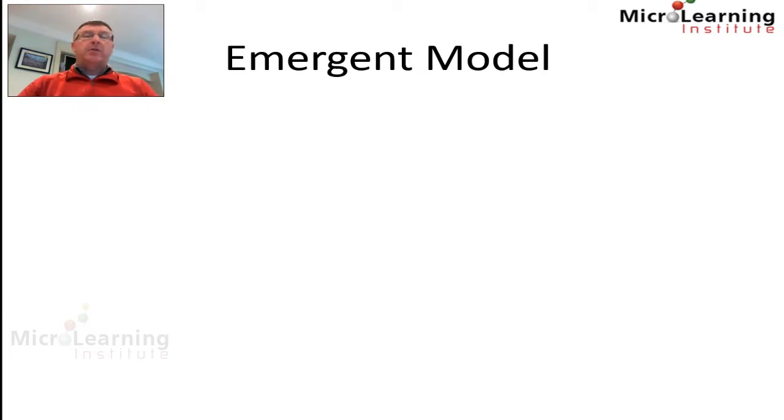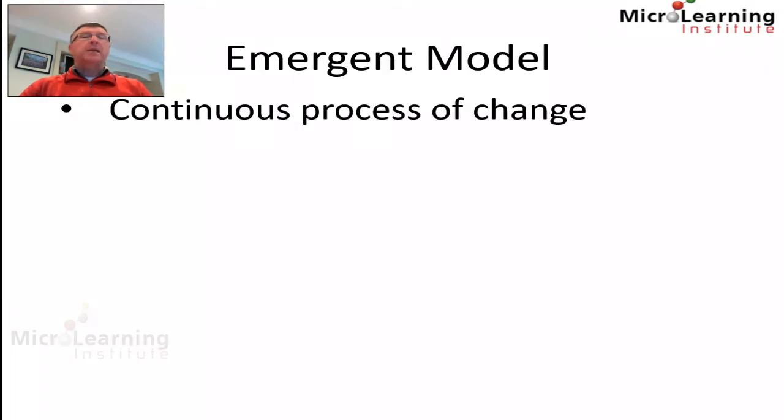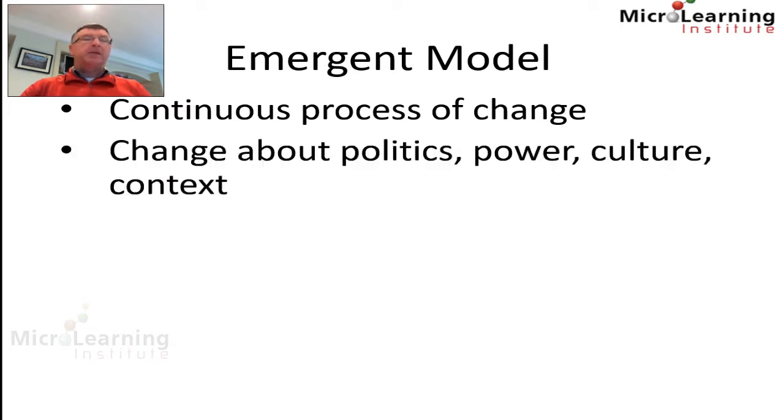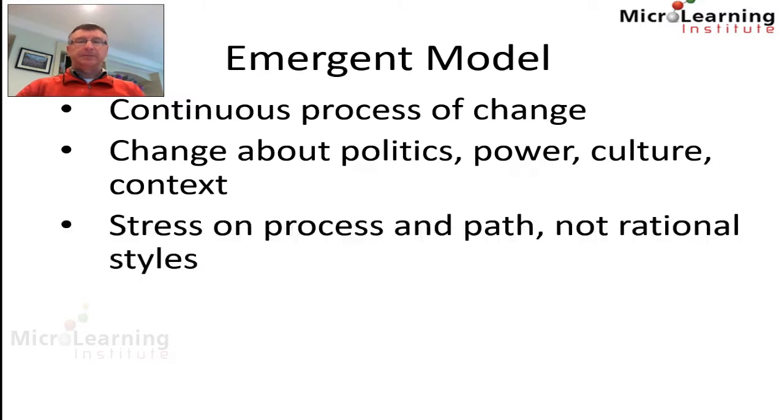Alternatively, another approach to managing change is to look at the emergent model. Here we see that change is a continuous process, an ongoing process without any clear end game. We see that change is largely about the politics within the organization, the power structures, the culture and the context of the organization.